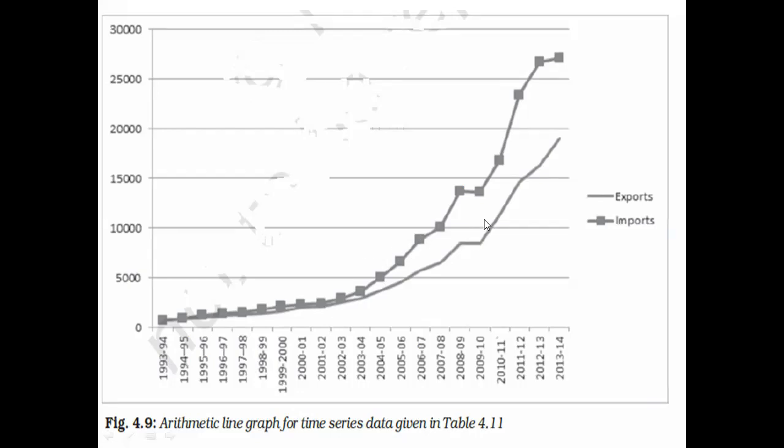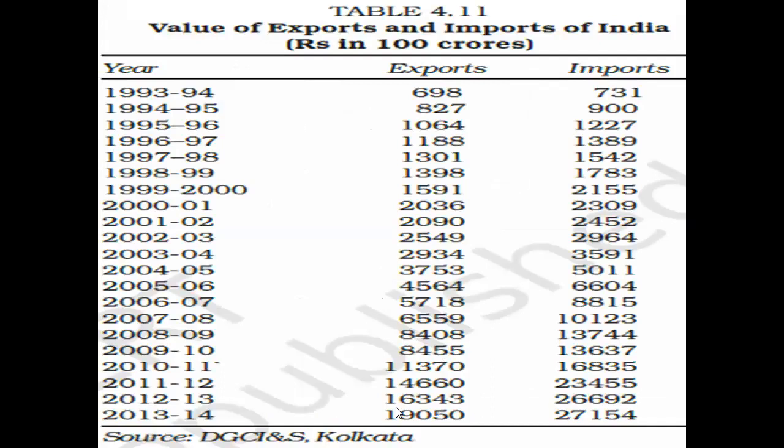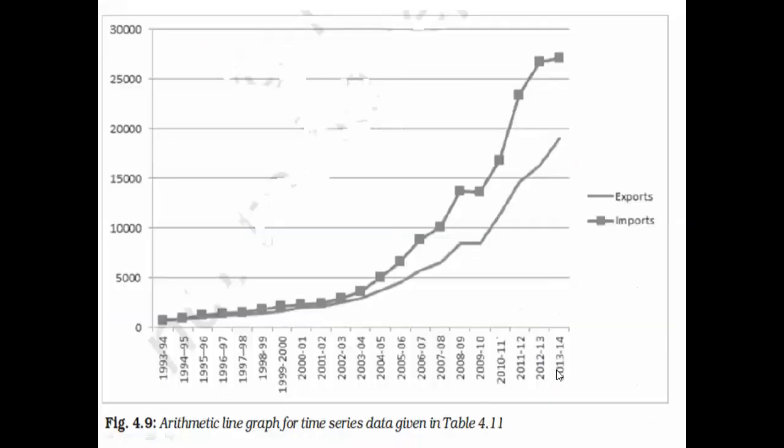Different things it is going to present. Same as we can see here in 2013-14, you can see the import is 19,000 and this is the export data, in 2013-14 about 19,000.